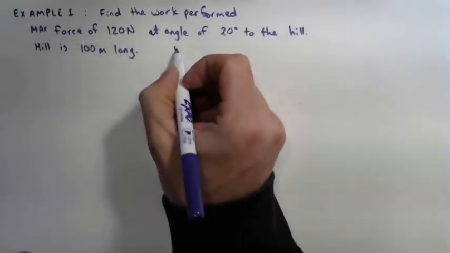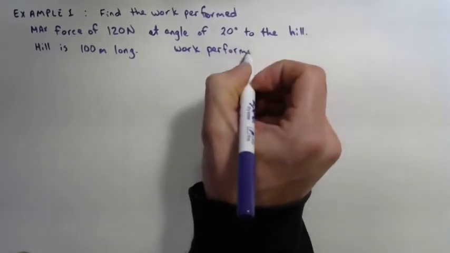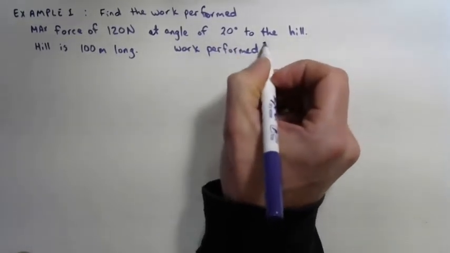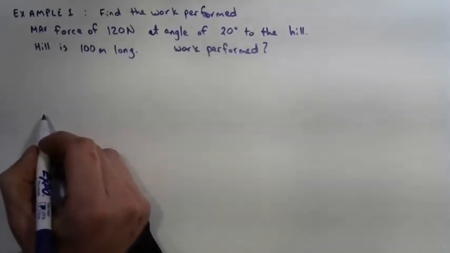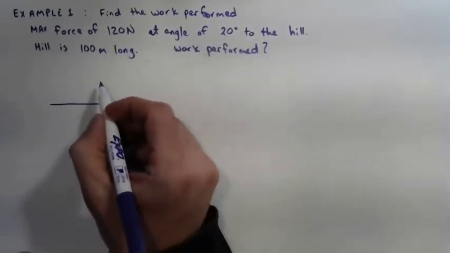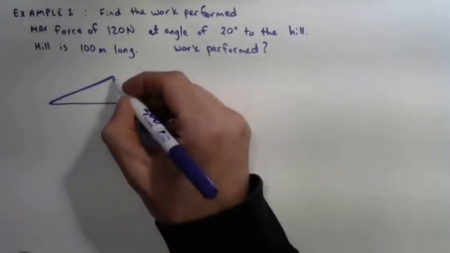So, work performed? Basic drawing. Okay, I'm going to give you a cross section of the hill. Let's say the hill looks something like that.